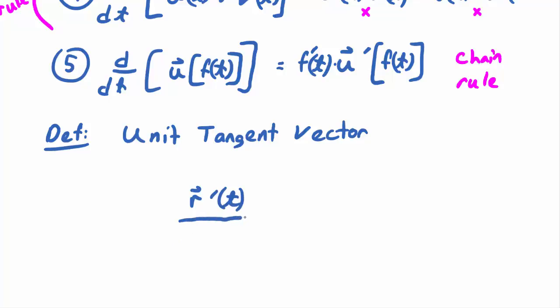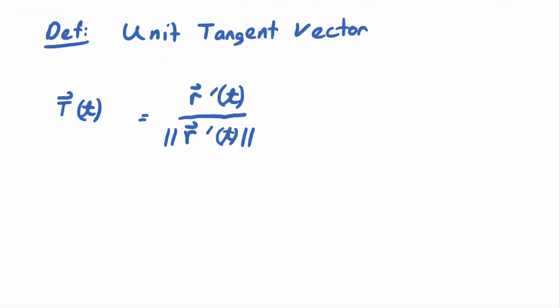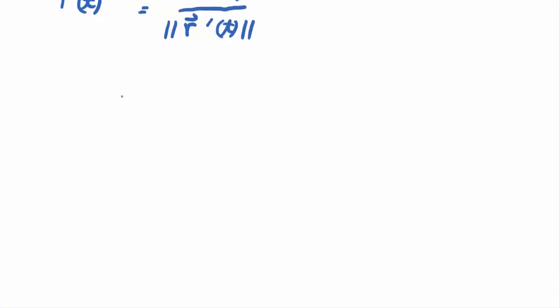All you have to do is divide by its magnitude and you turn it into a unit vector. Remember that? We give this the name T of t, the unit tangent vector. And this will become a very important vector later on. It's easy enough to find. So we'll close it out with this example.